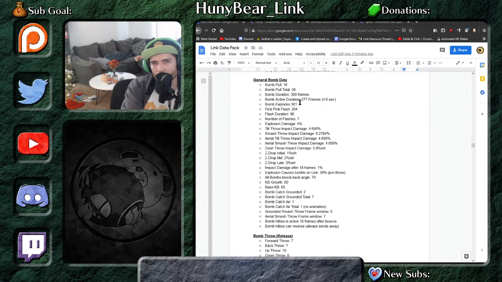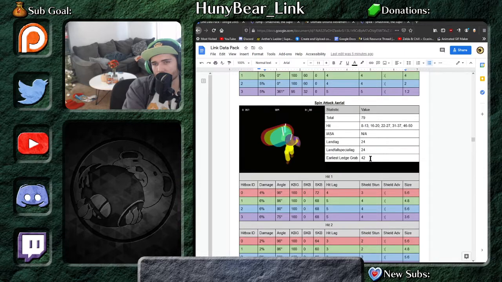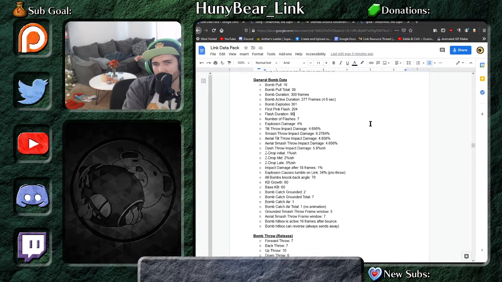Here's something cool. The bomb explodes on frame 301. The first pink flash happens at frame 204, and the flash duration is 96 frames. That's good information to know, because sometimes you need up B. And you know that up B lasts 80 frames, and the bomb is going to flash for 96 frames.